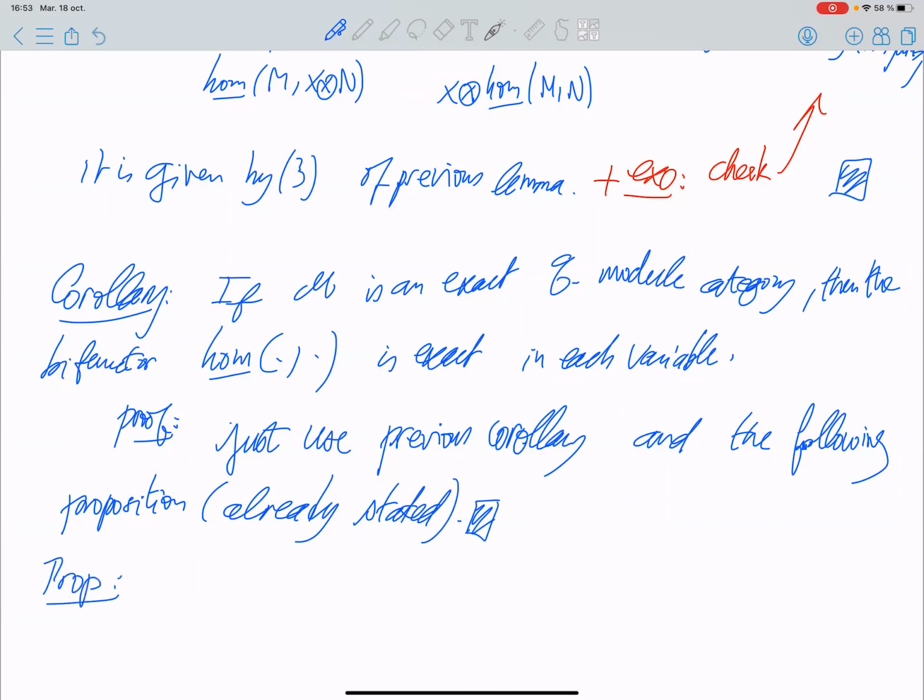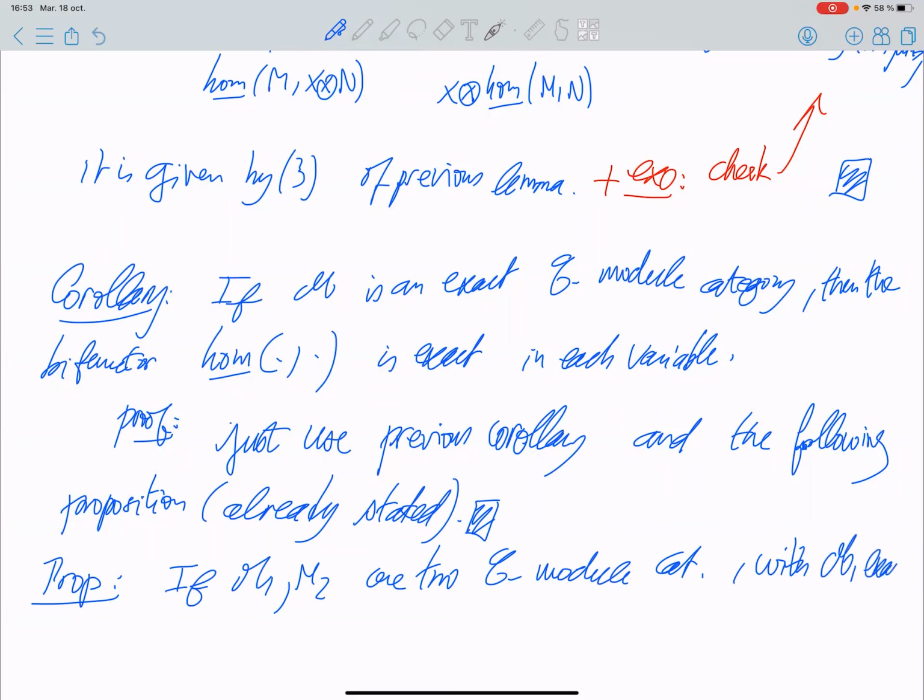The proposition I'm talking about is if M1 and M2 are two C module categories, and if M1 is exact, then any additive module functor F from M1 to M2 is exact.